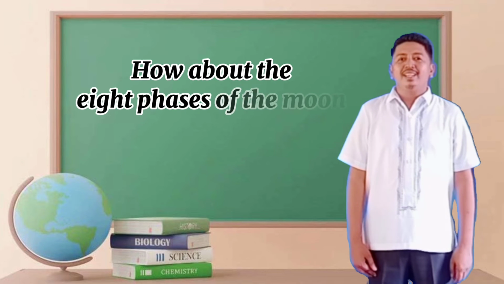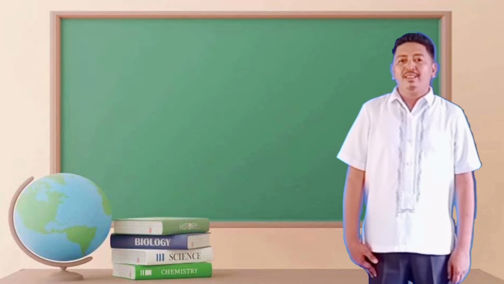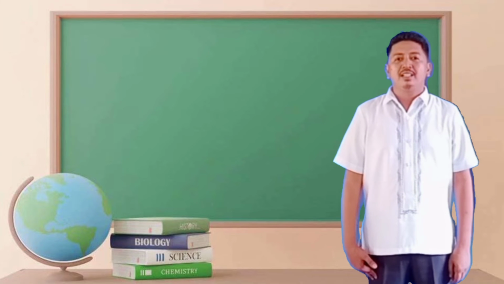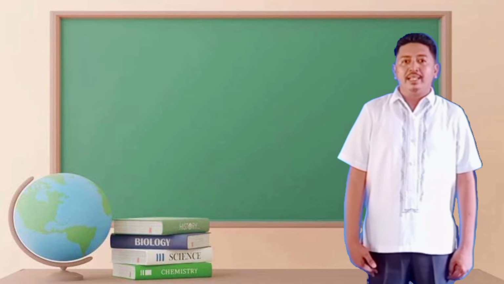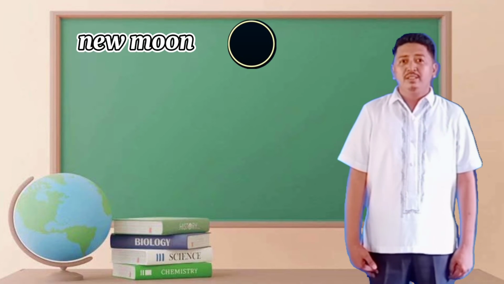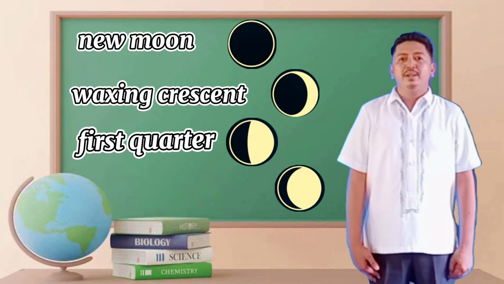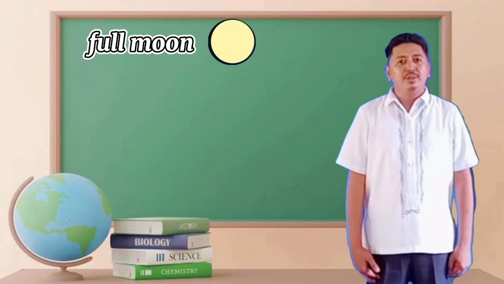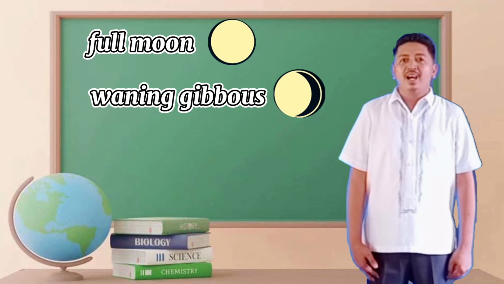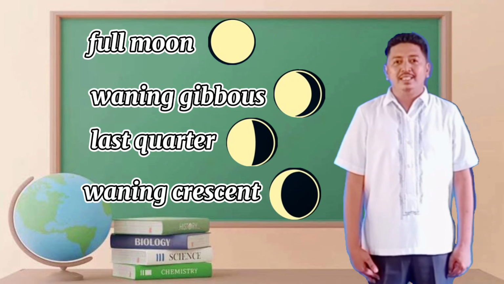How about the 8 phases of the moon within a month? The 8 phases of the moon within a month are the new moon, waxing crescent, first quarter, waxing gibbous, full moon, waning gibbous, last quarter, and waning crescent.